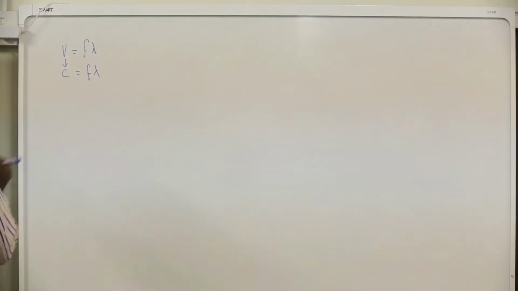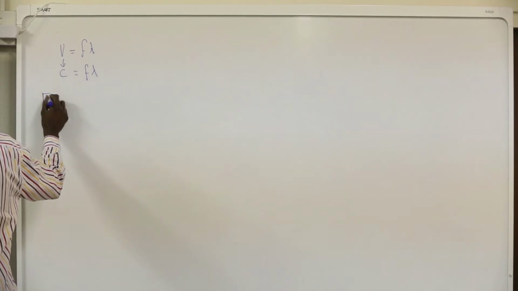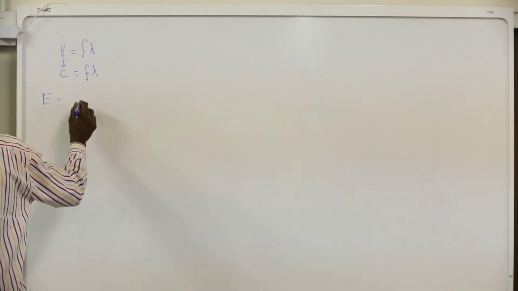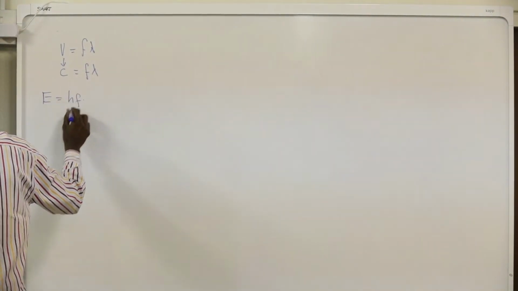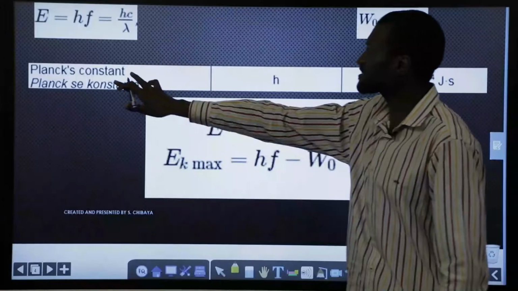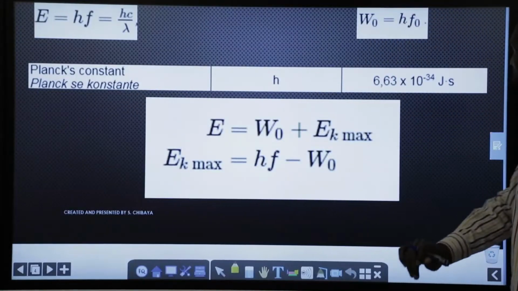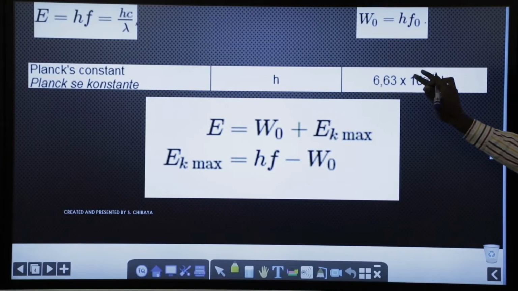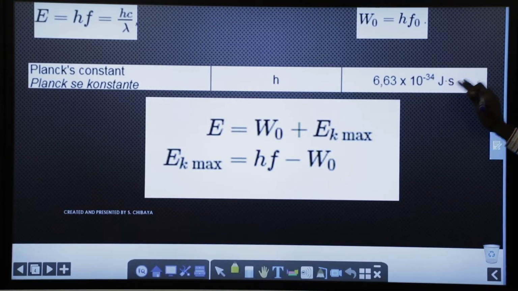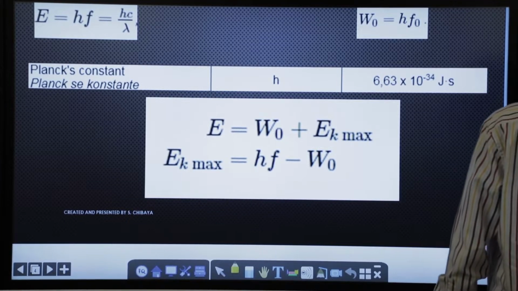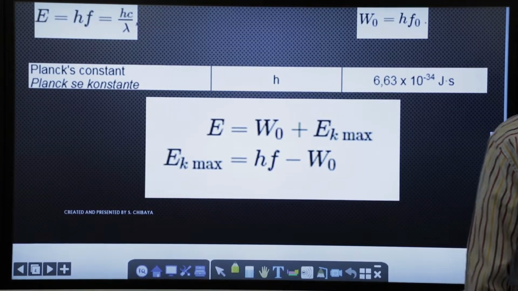So the energy is equal to hf, where h is Planck's constant, equal to 6.63 times 10 to the power negative 34 joule seconds.